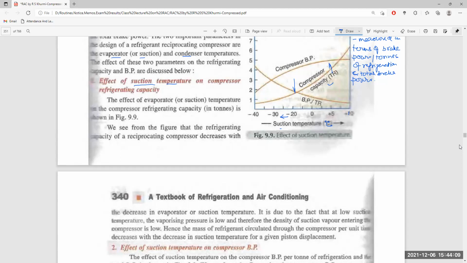Thus, the mass of refrigerant circulated through the compressor decreases with the decrease in temperature, as the suction volume is the same and the density of the suction vapor is less. Then the weight of the refrigerant circulating throughout the system is less.